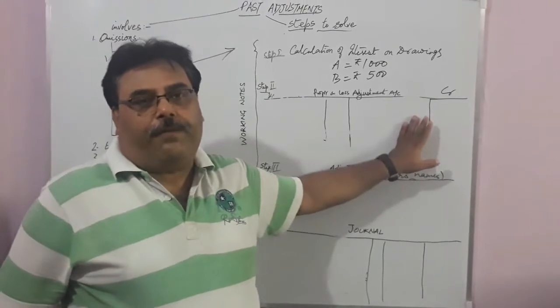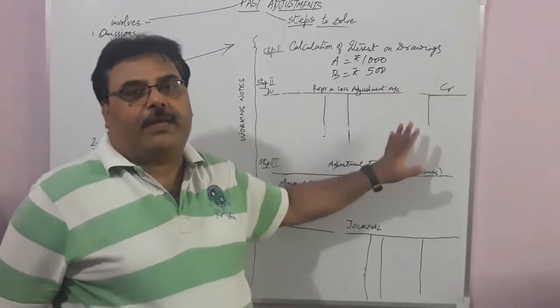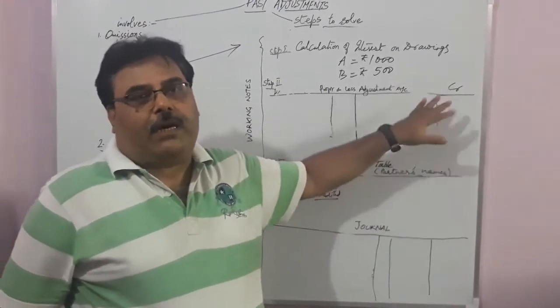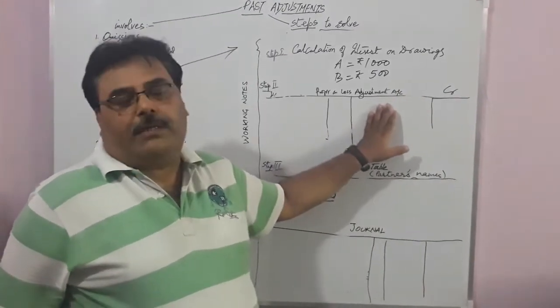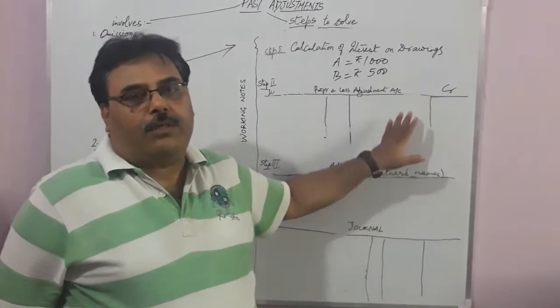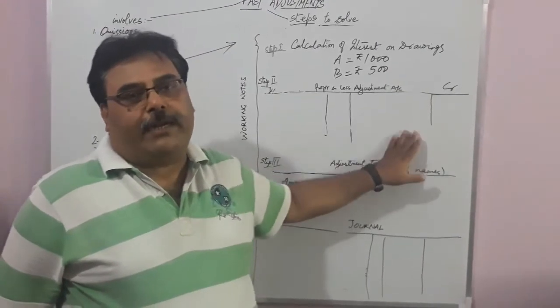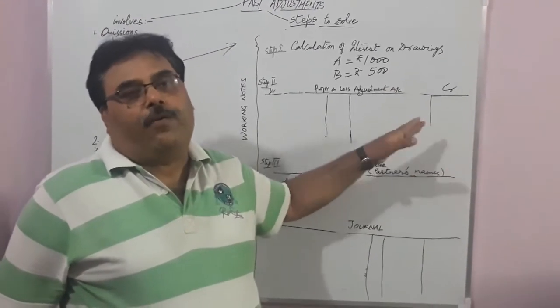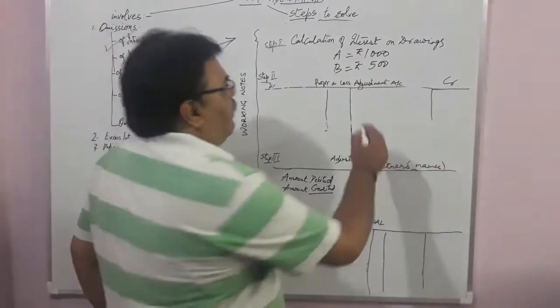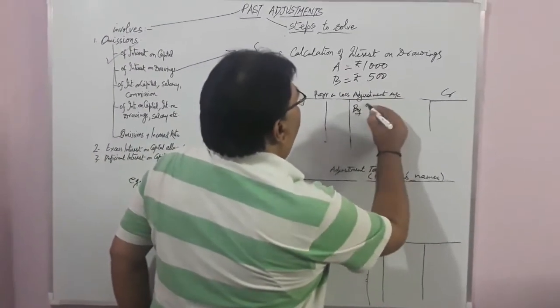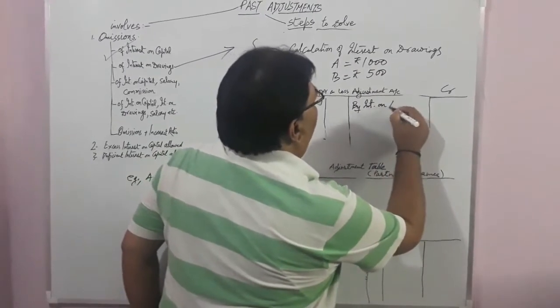For a partnership firm, interest on drawings is revenue because it is charged from the partners. So in the profit and loss adjustment account, interest on drawings would be shown on the credit side, because the credit side is for revenue, for income, gains. So I write interest on drawings on the credit side of P&L adjustment account.